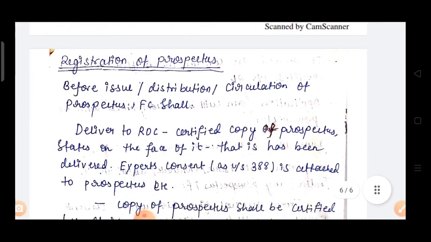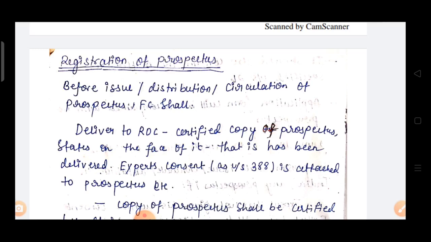Now, registration of prospectus. Before issue, distribution, or circulation of the prospectus, the foreign company shall deliver to the ROC a certified copy of the prospectus. Means again, one important condition is there before issuing of prospectus. So before issuing the prospectus, the foreign company shall deliver to the ROC a certified copy of the prospectus and state on the face of it that it has been delivered. Expert consent is attached to the prospectus.